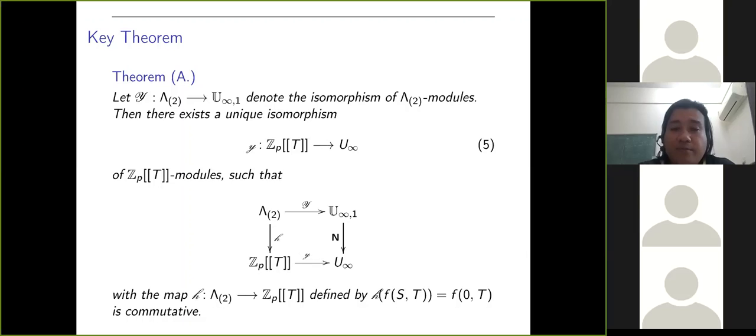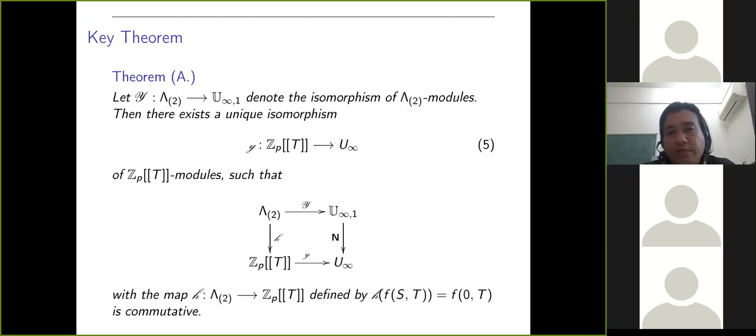I have a surjective map from U infinity 1 to U infinity by the norm map, and on the left hand side, the vertical map is a canonical map from Lambda 2 to Z_p power series in 1 variable, where I just substitute S equal to 0. So I'm just projecting it.